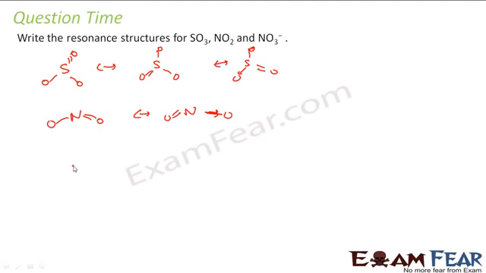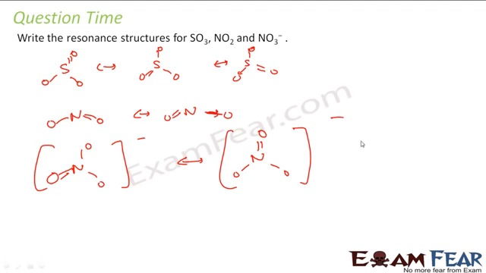For NO3 minus, I'll have 1 double bond, either with this oxygen or this oxygen or this oxygen. Correct?